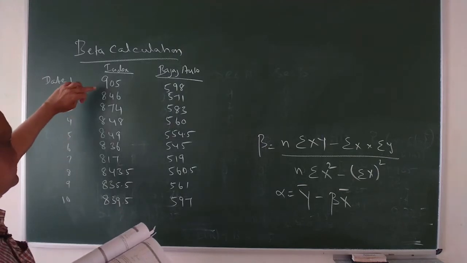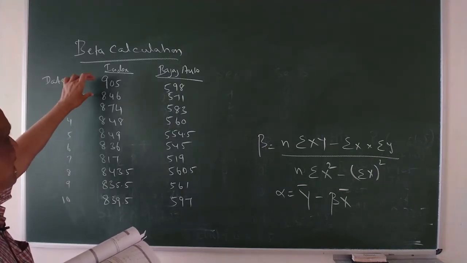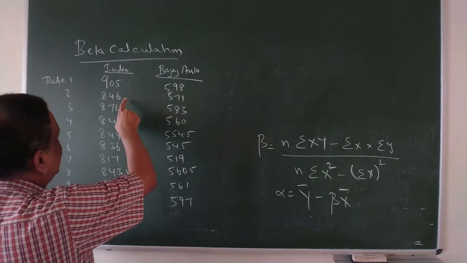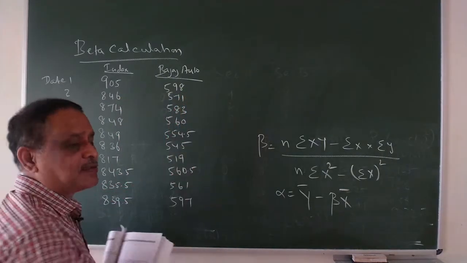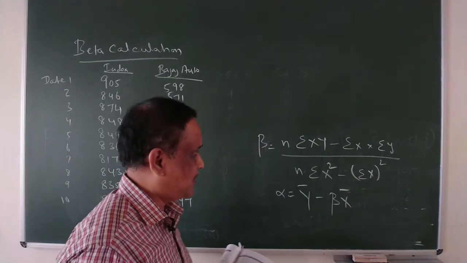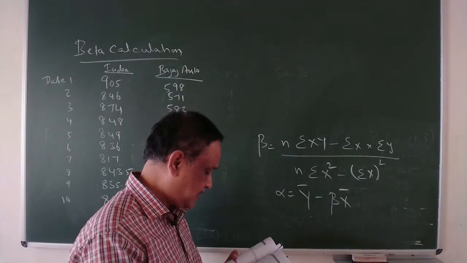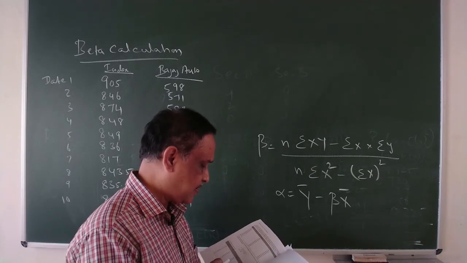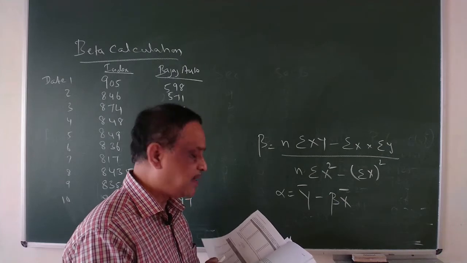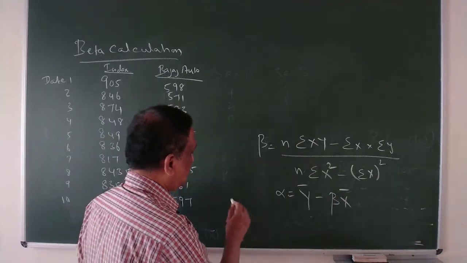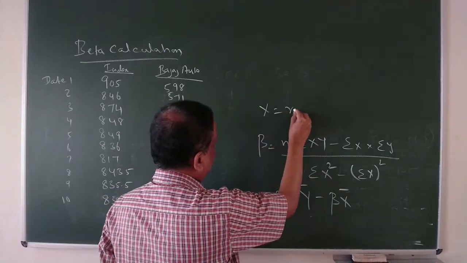So, what we have to do is, we have to calculate what is the single day return for the index and what is the single day return for the share. Okay. So, that is what x and y means here. x is the return of index, y is the return of the stock.